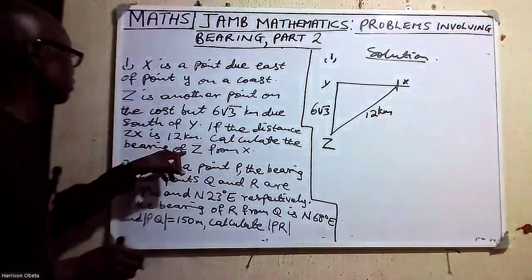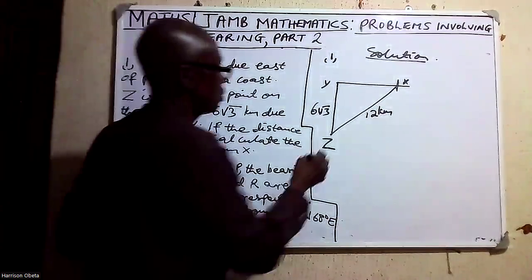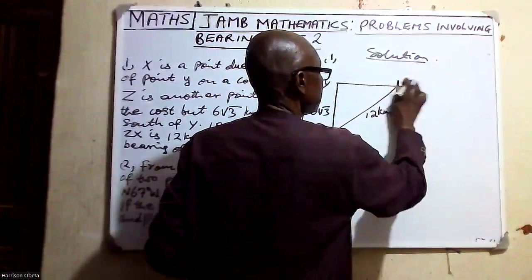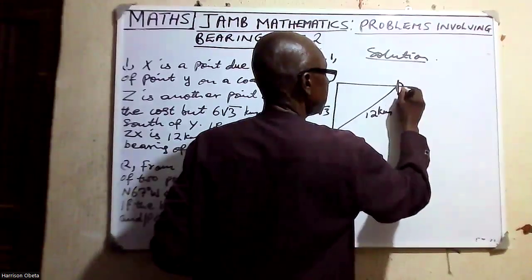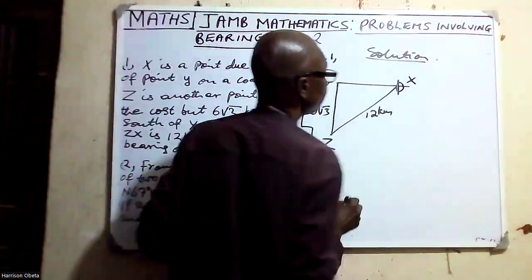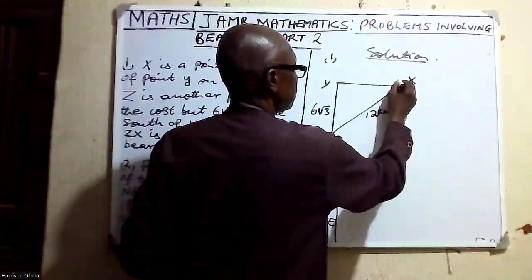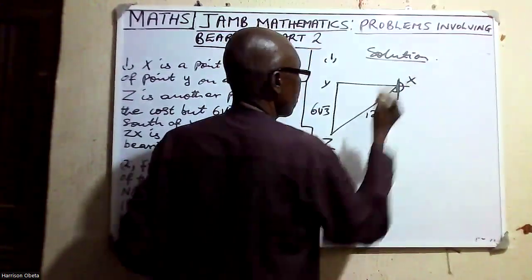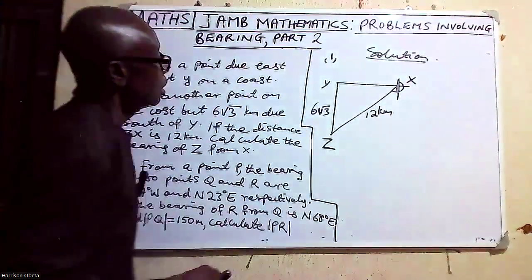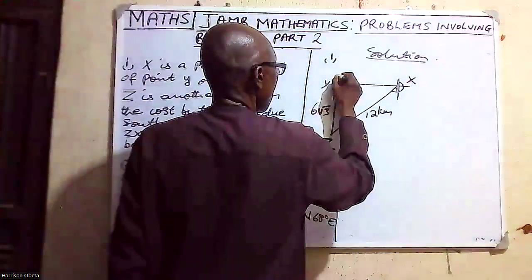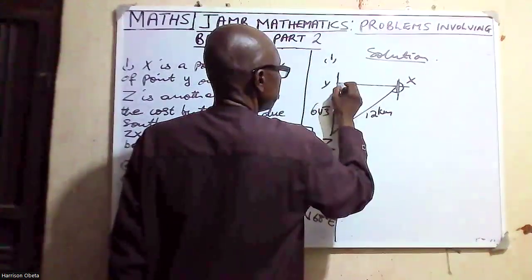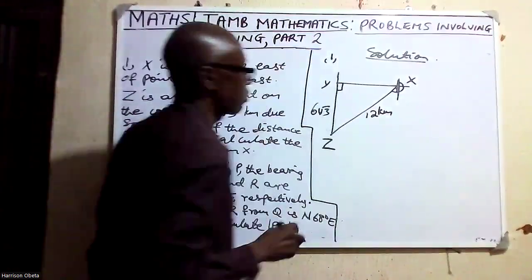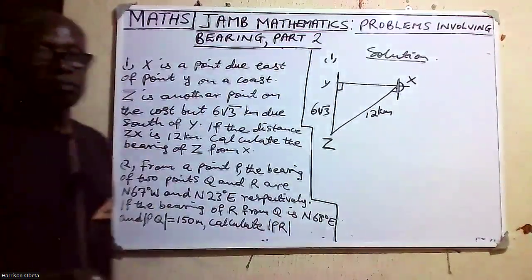Now to calculate the bearing of Z from X. Bearing of Z from X. So we are looking for the whole of this. Now, since this is due east, this means that this is 90 because it's direct.